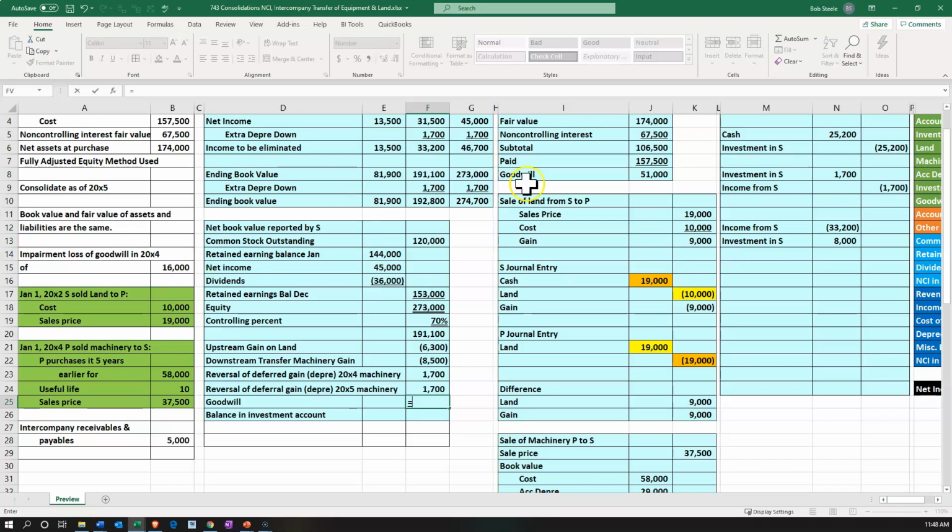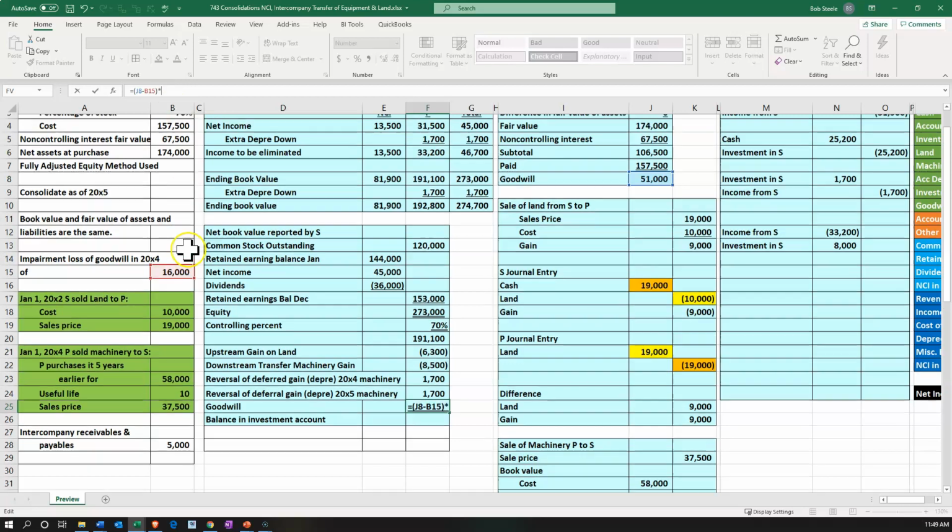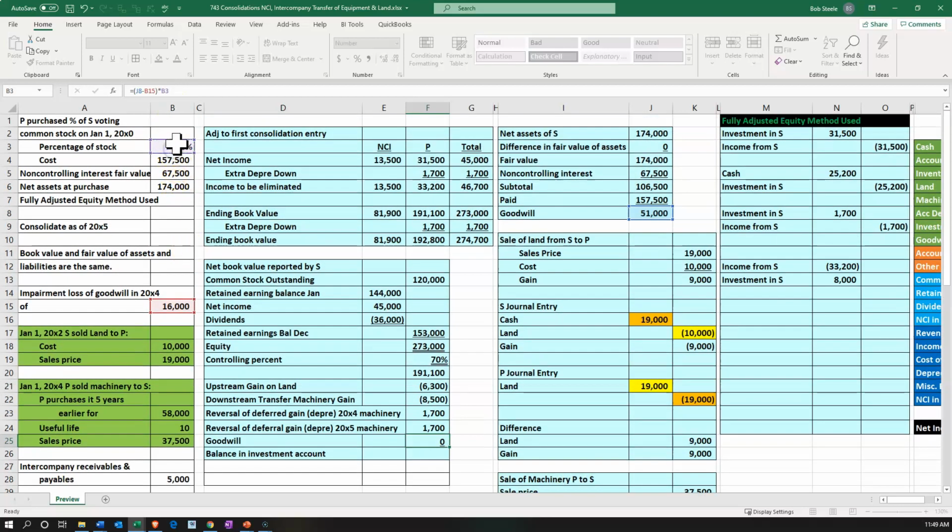So we're going to say the Goodwill was that, but then it's going to go down by 16 to the 35,000, and we actually have to take our portion of the Goodwill because that's full Goodwill, controlling and non-controlling interest. So this is going to be times the controlling interest.